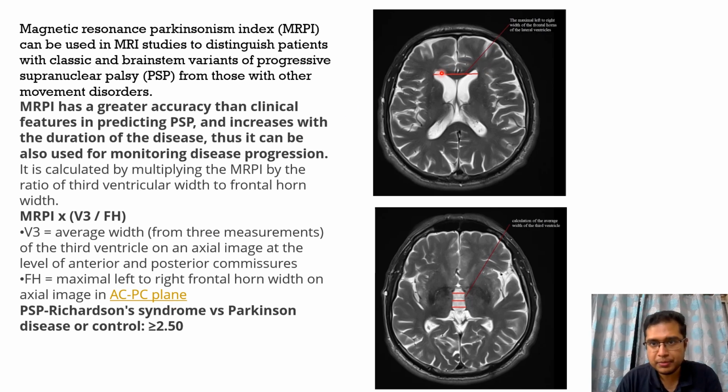We can see this particular measurement that is taken, and these two measurements can also be added in this index to get an accurate index. After adding the width of the third ventricle as well as the frontal horns, a score of more than 2.5 is suggestive of PSP.